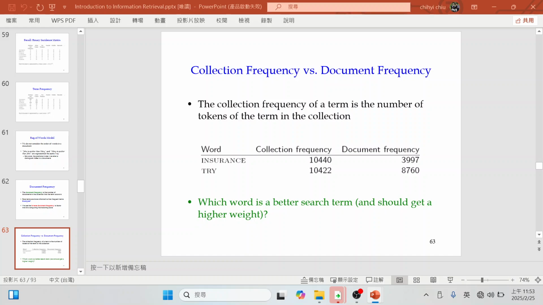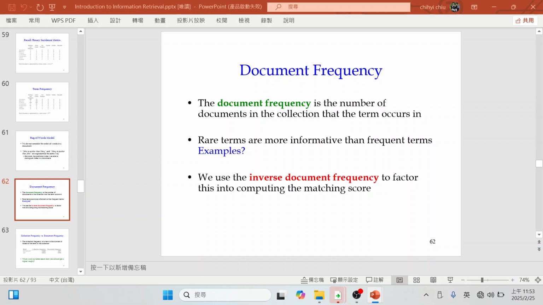So you don't have a clear idea about this document. This reflects the fact that if the document frequency is lower, the word should be more meaningful, so we should give it a higher weight. That's why we call it inverse document frequency, which factors into the weight of the term.